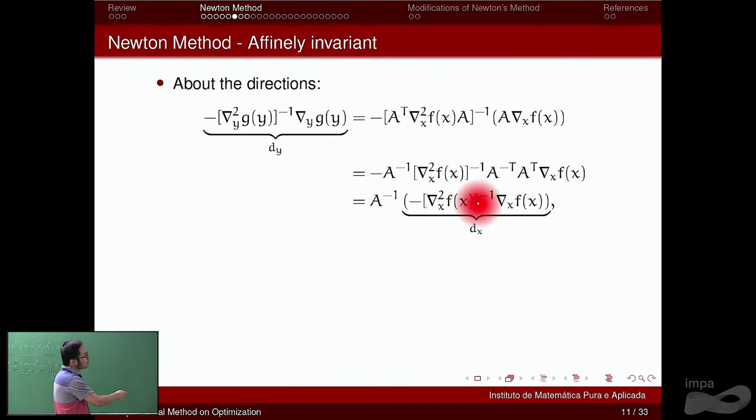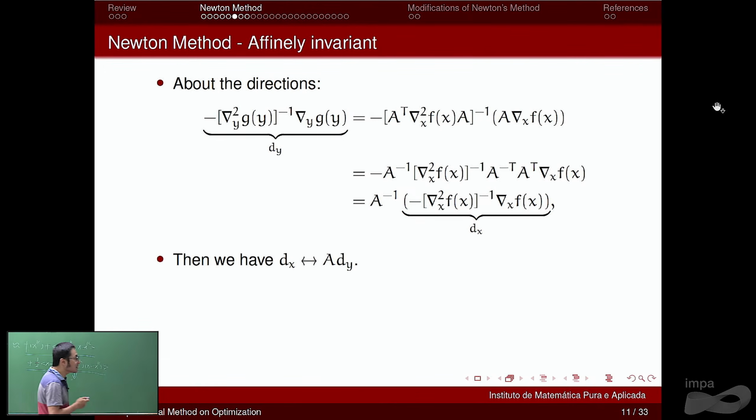We need to calculate the inverse of the Hessian of g times the gradient of g. By the computation, you finally have A inverse and A inverse and the minus Hessian of f(x) inverse times the gradient of f. And we can see clearly this is just the Newton direction dx.